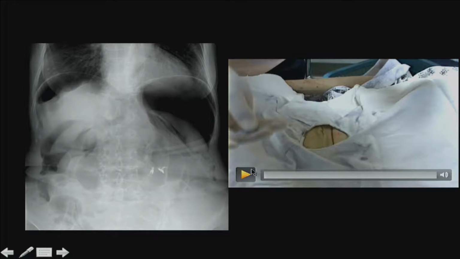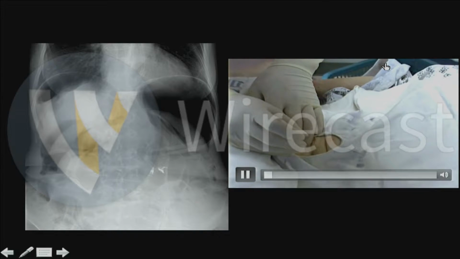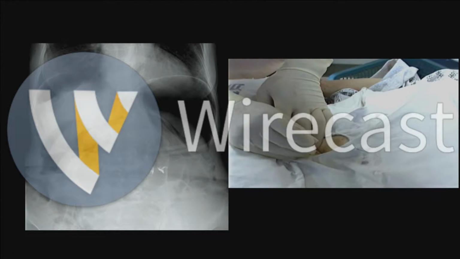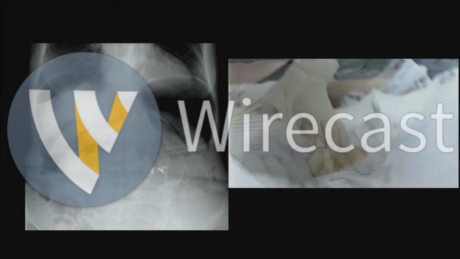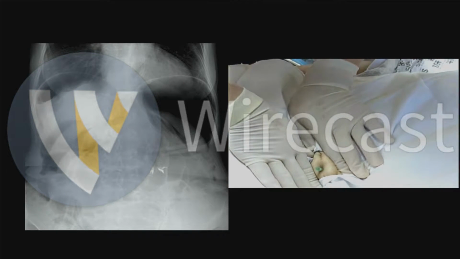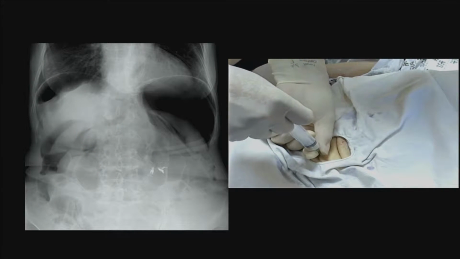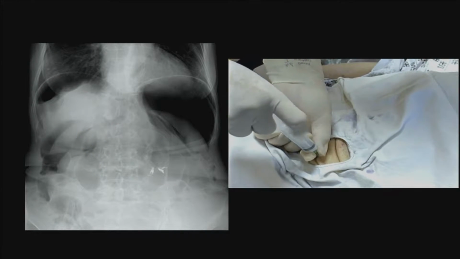I decided to do the peritoneal tap like this. With an angio needle, I inject into the patient's peritoneal cavity, and then pull back the air.